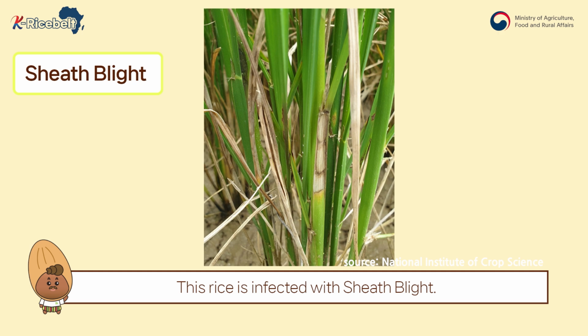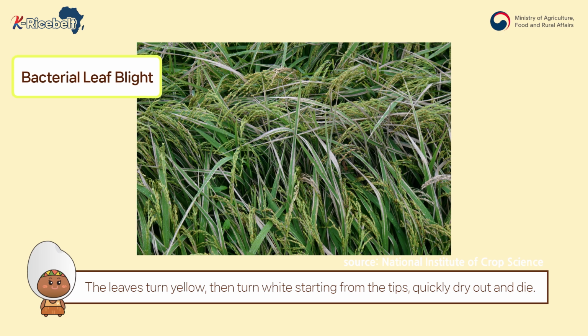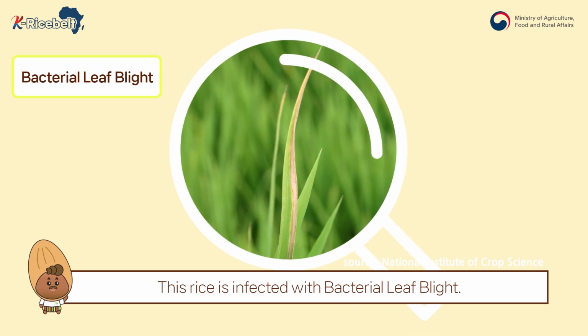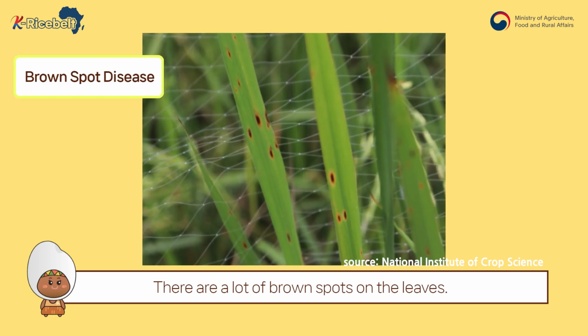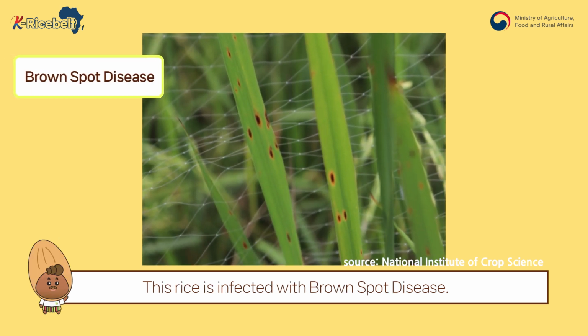This rice is infected with sheath blight. The leaves turn yellow, then turn white starting from the tips, quickly dry out and die. This rice is infected with bacterial leaf blight. There are a lot of brown spots on the leaves. This rice is infected with brown spot disease.